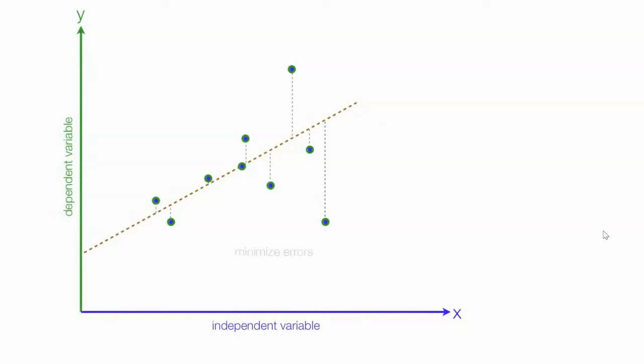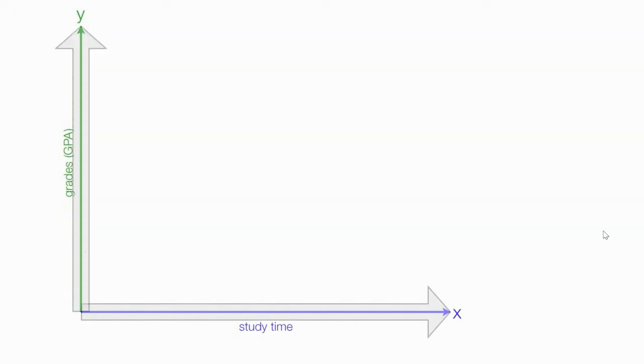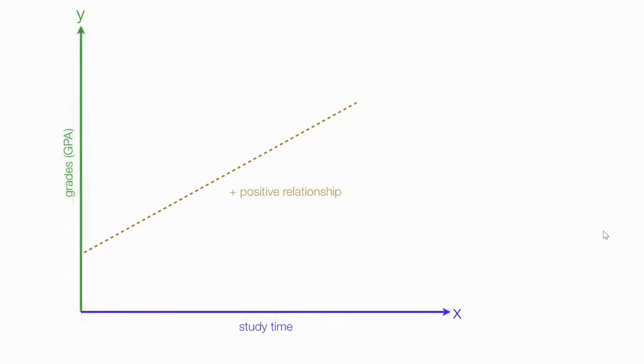Now let's imagine I put study time on the x-axis, or make that my independent variable, and the dependent variable becomes grades or GPA. As study time increases, grades should go up. There is a positive relationship. In regression, we develop these equations like this. In this case, y hat is estimated grades, and it's equal to b naught plus b1 times x, where x is study time.